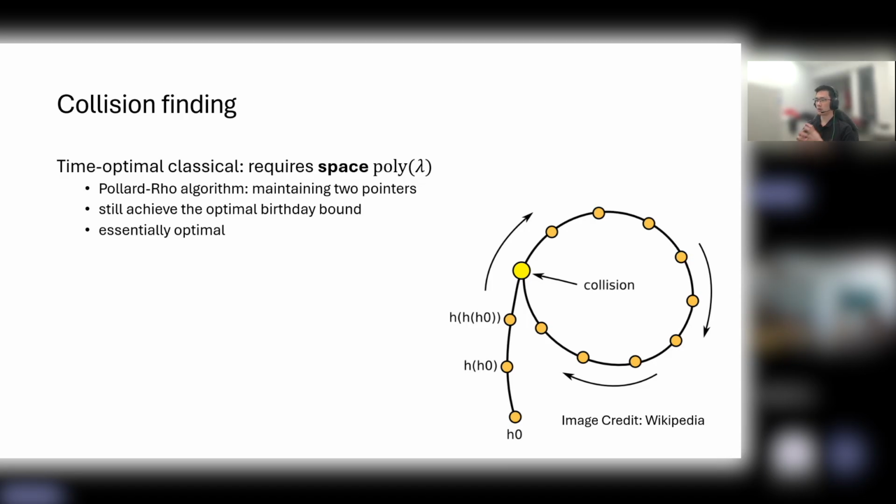And this algorithm also achieves the best time complexity. By the way, when I say time complexity in this talk, I basically mean query complexity, queries to this hash function h. So the Pollard rho algorithm achieves constant space and optimal query complexity.